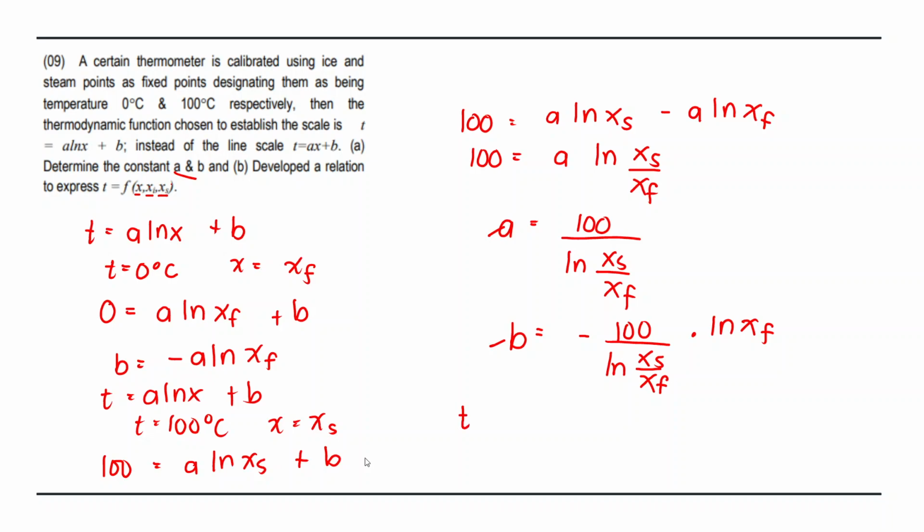So, temperature is equivalent to A, which is 100 over ln xs over xf, times ln x plus B, which is equivalent to negative 100 over ln xs over xf times ln xf. Okay, ayan. So, pwede pa natin i-simplify.